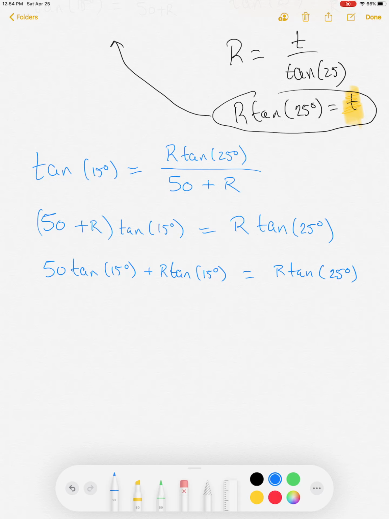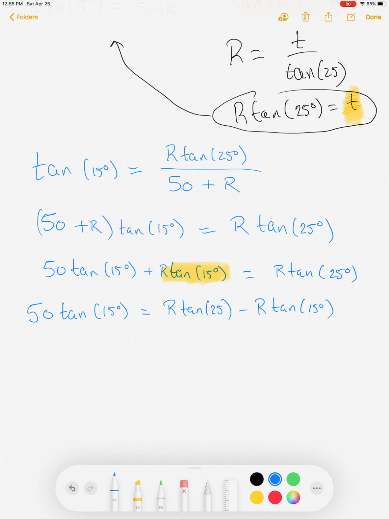So then I'm going to put everything with an R on one side of my equation, so 50 times the tangent of 15 degrees equals R times tangent of 25 degrees minus R times tangent of 15 degrees. So I moved this term over to the other side of the equation. That's what I did there.